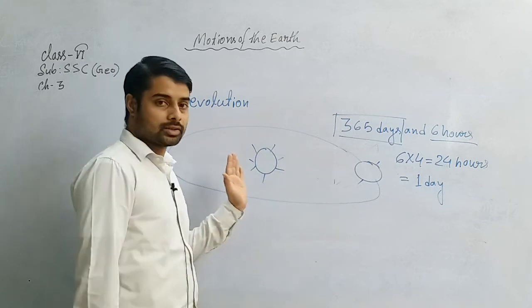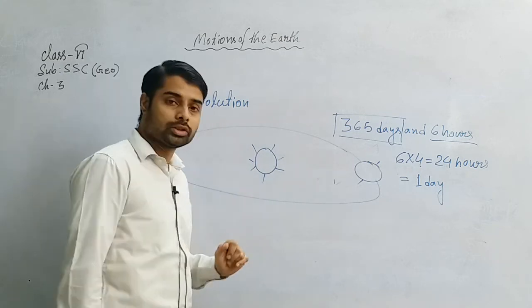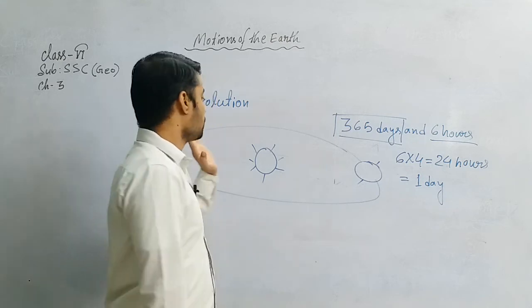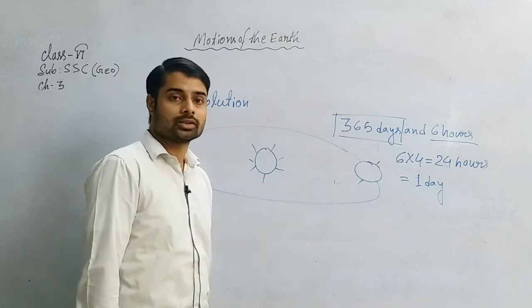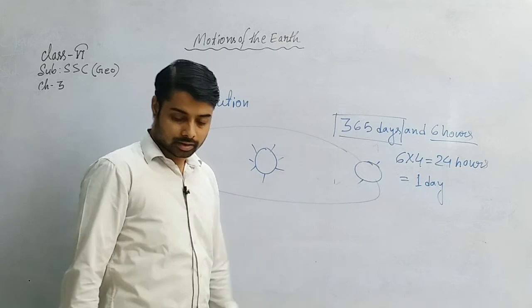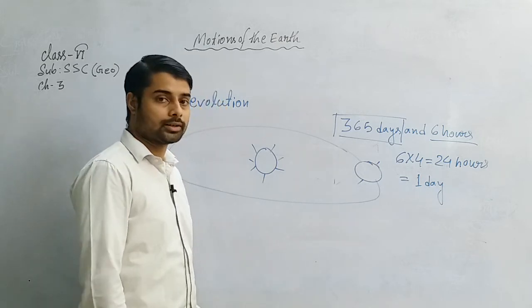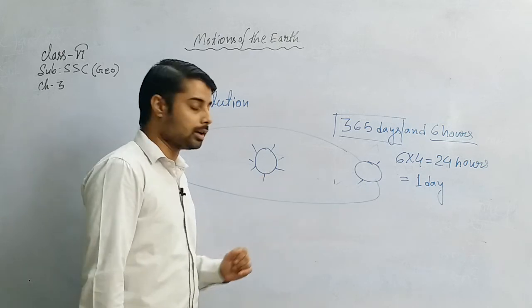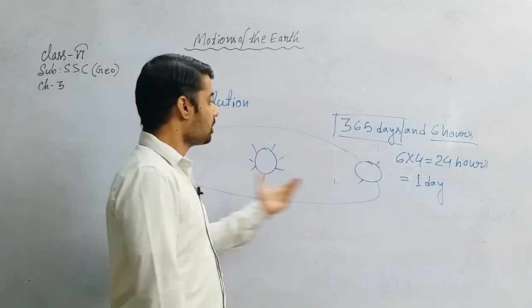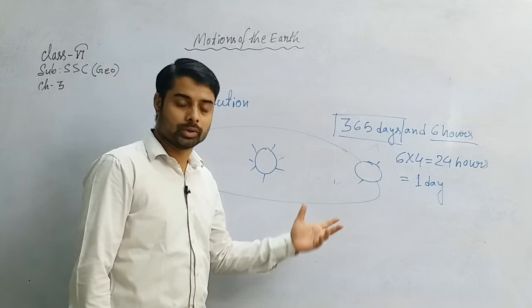In some places the orbit is closer to the sun, and in some places it is very far from the sun. That's why when earth is very close to the sun, summer occurs, and when it is very far from the sun, then winter occurs.